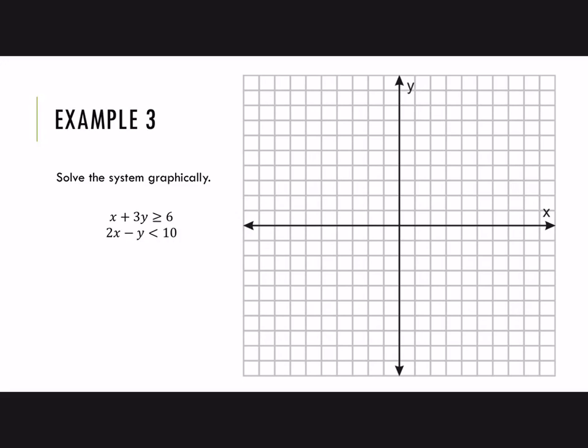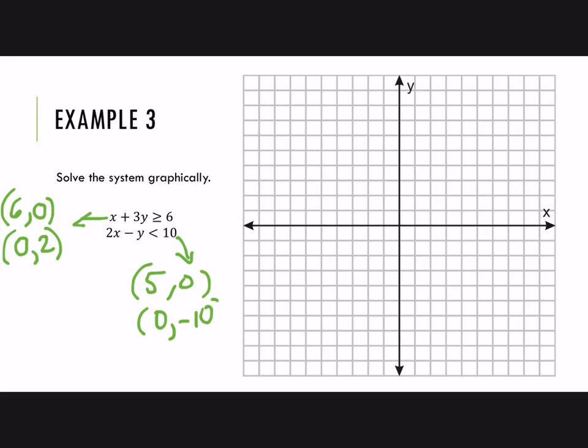So x plus 3y is greater than or equal to 6. I'll use intercepts again. I'm going to have (6, 0) and (0, 2). And for this one, I will have (5, 0) and (0, negative 10). So (6, 0) and (0, 2).